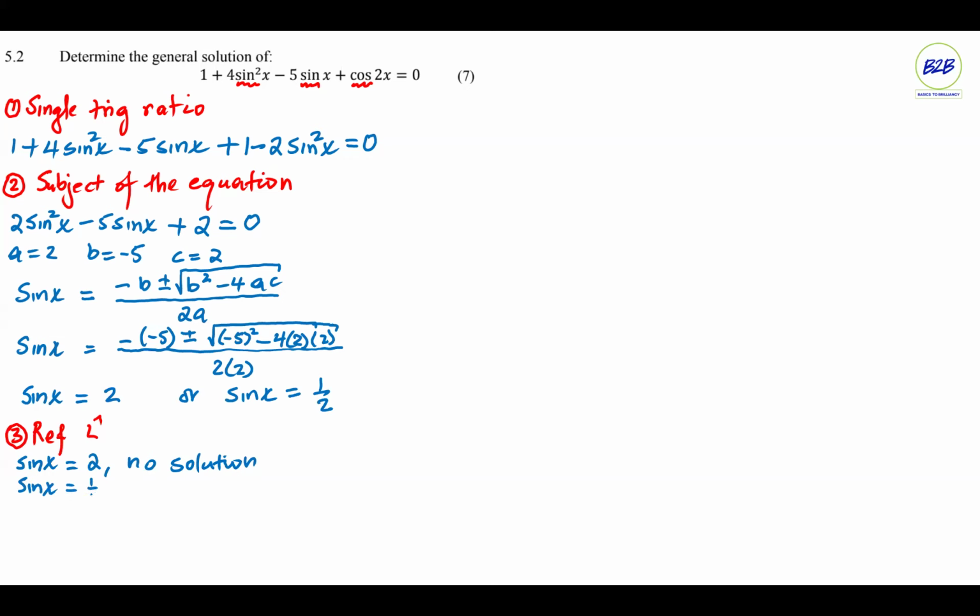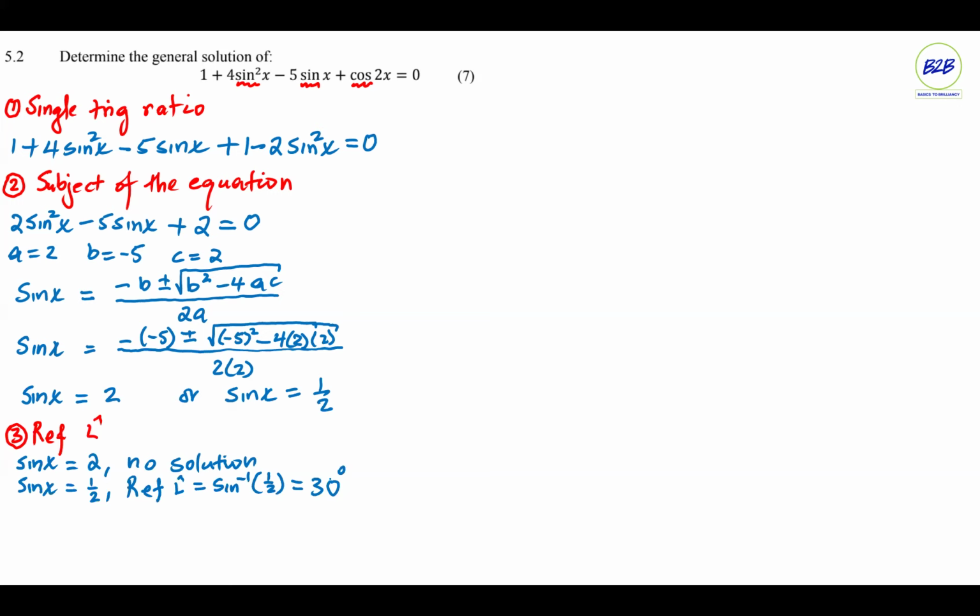Then let us try and see if we can get a reference angle for sine x equal to half. Let us see. The reference angle is equal to shift sine half. And then you press that in your calculator, you must get that the reference angle is equal to 30 degrees.